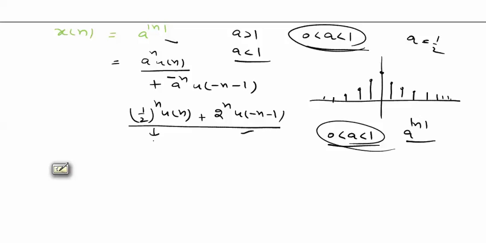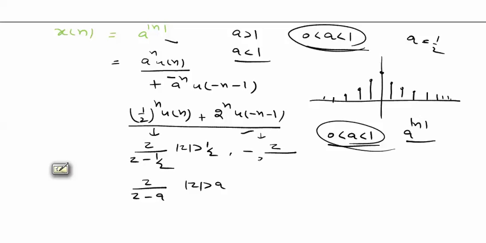I directly write the expression for this: z upon z minus half with ROC greater than half. Second time I rewrite the expression, sorry, in generalized a: ROC |z| greater than a. In this case also I write the expression minus z upon z minus 2, where ROC is less than 2.